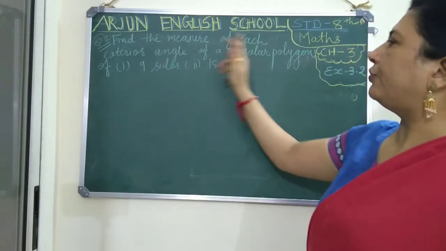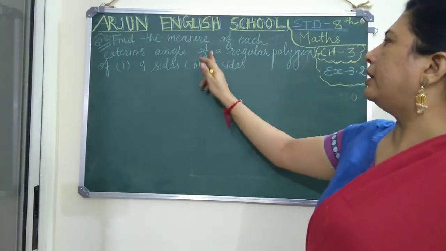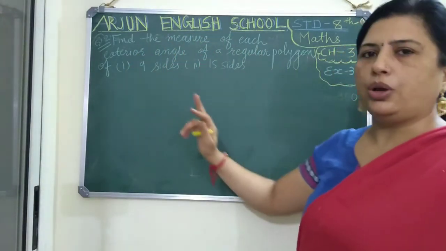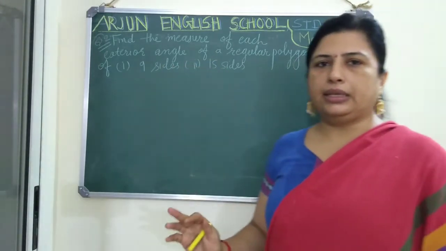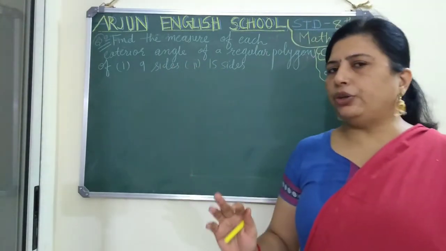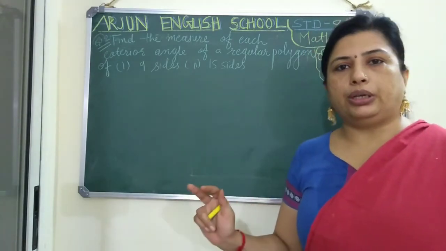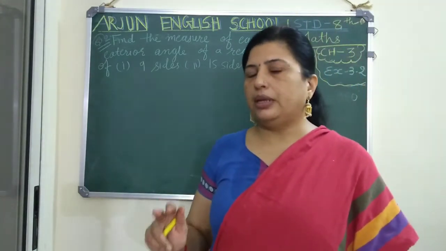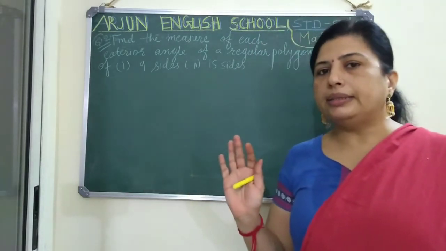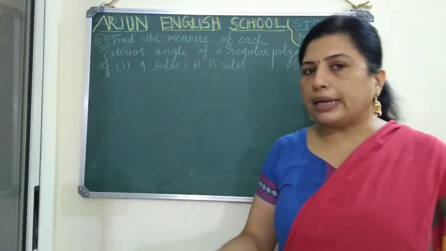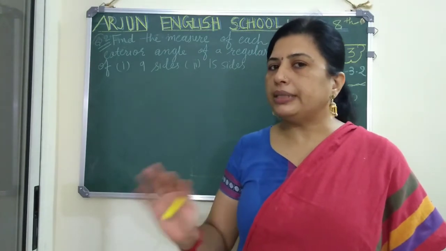Question number 2 of exercise 3.2. Find the measure of each exterior angle of a regular polygon of 9 sides. Means here a regular polygon is there. For a regular polygon, always remember that the measures of all exterior angles will be the same.